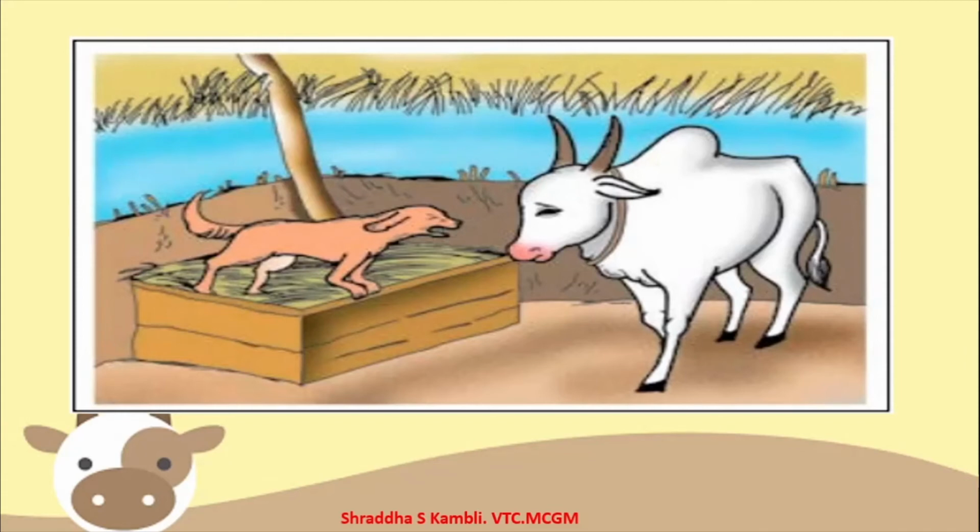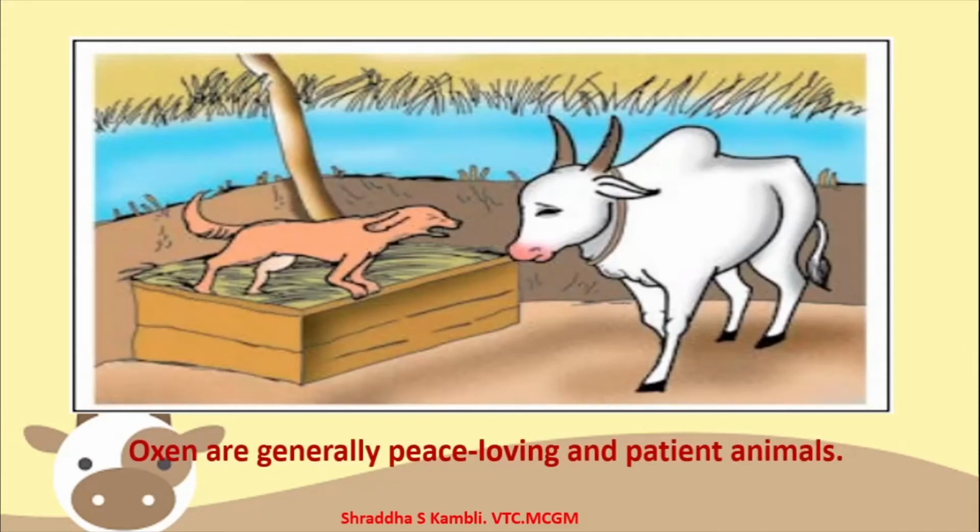Now the ox is generally a peace-loving and patient animal. So look at the expression on their faces. See the dog? It is looking at the ox so angrily. And look at the ox. It has such a sad expression on its face. So now this ox wanted to eat because the dog was sitting on its grass or on its hay.